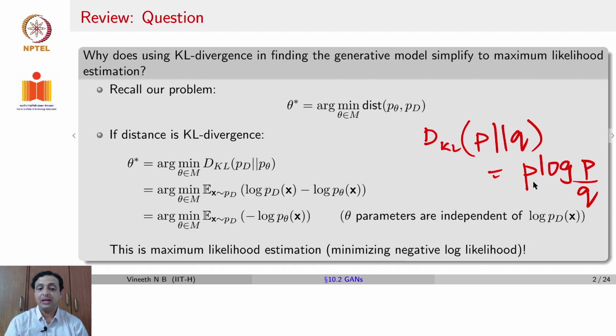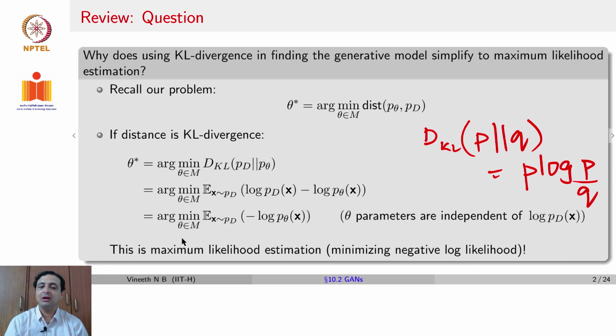The first term, PD, does not depend on theta, so it doesn't matter for our optimization. So you're left with log PD by P theta, which can be written out as log PD minus log P theta. Once again, log PD is the distribution of data and does not depend on theta.